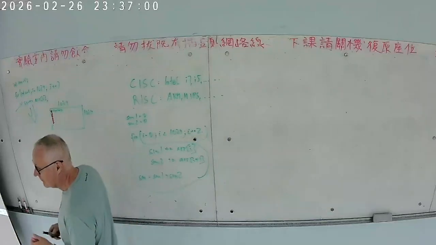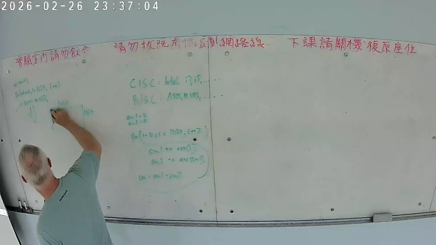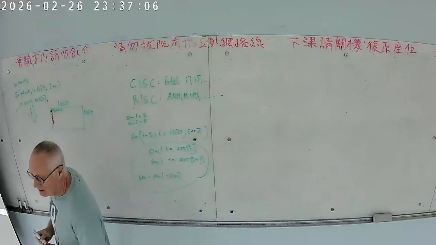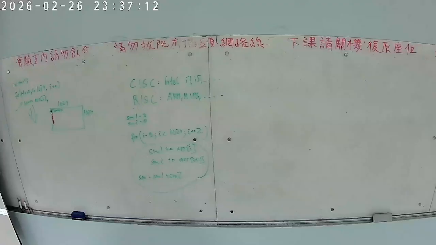If you access this pixel here, and you ask your CPU for one integer or 1 byte, your memory controller is not going to load just 1 byte into the CPU. That would be way too much work.